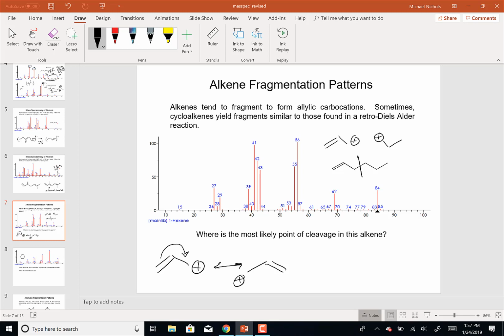So what does the allylic carbocation weigh? Well, this is C3, 1, 2, 3, and then I've got 1, 2, 3, and then 4, 5 since I cleaved that, so that's a C3H5. That's 36 plus 5, the 41 peak right there.